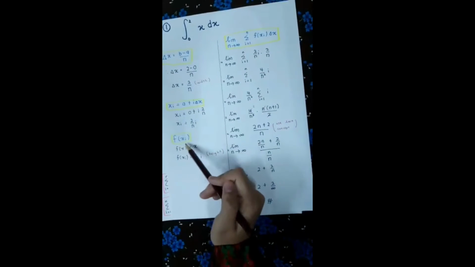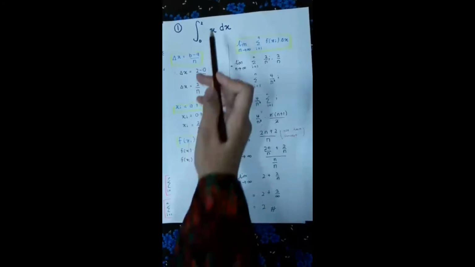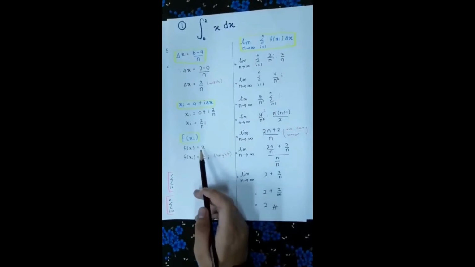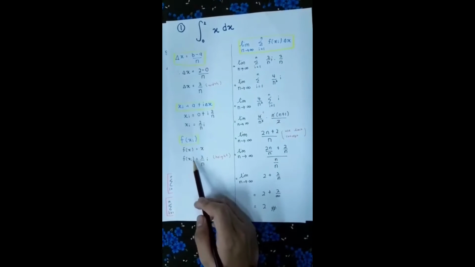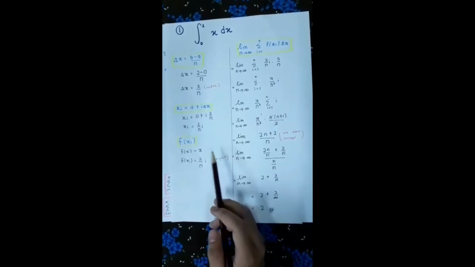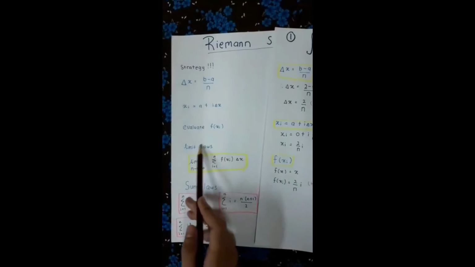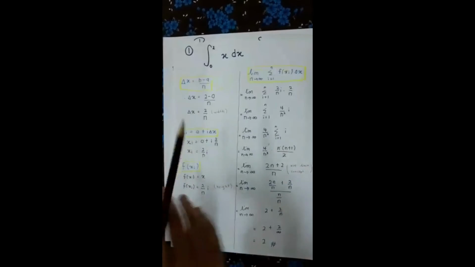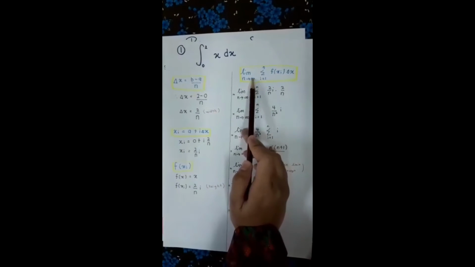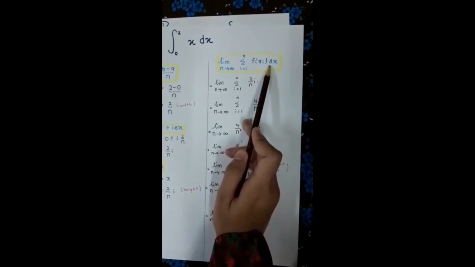We must substitute xi inside our function, which is f(x) equal to x. So f(xi) equals 2i over n, or we also know this as the height of the function. After that we use the limit law, which is limit n approaches infinity, summation of i equals 1 to n, f(xi) delta x.